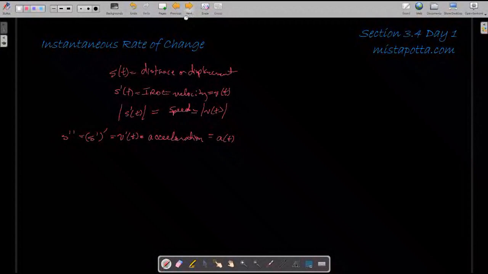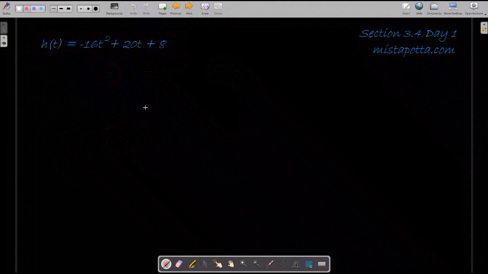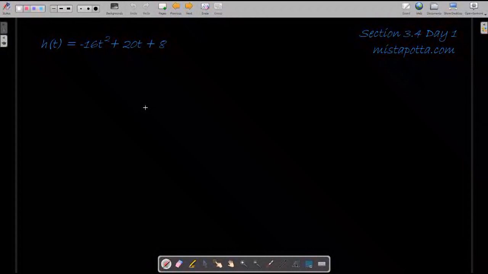And so we have all of these relationships for the instantaneous rate of change for a practical situation where I'm falling. So let's say that the height above the ground for a particular object, say me, is negative 16t squared plus 20t plus 8. And we're going to go through several problems with this particular scenario. The first question I have is, what function describes the velocity?